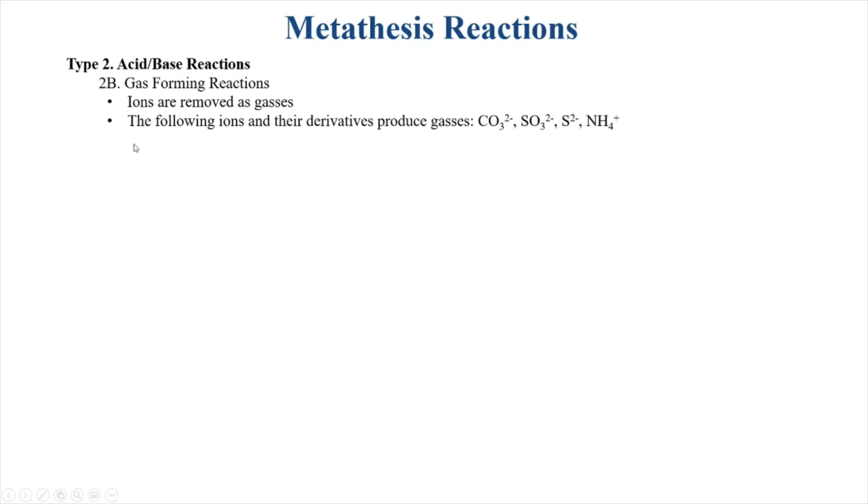Now the last class of acid-base reactions are the gas-forming reactions. In this case, ions are removed as gases. The following ions and their derivatives produce gases: carbonates, sulfites, sulfides, and ammonium.